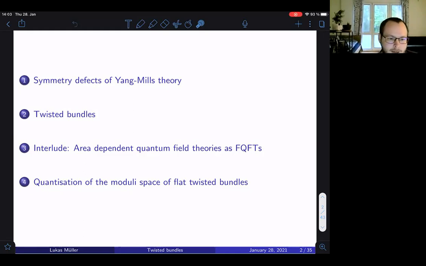Then in the second section, I will explain their connection to geometry in terms of twisted bundles. Then there's a largely independent section, which explains how to reformulate some of the results within an axiomatic approach to quantum field theory known as functorial field theories. And finally, I will come to the quantization of these moduli spaces.